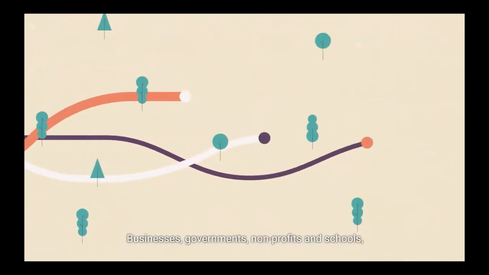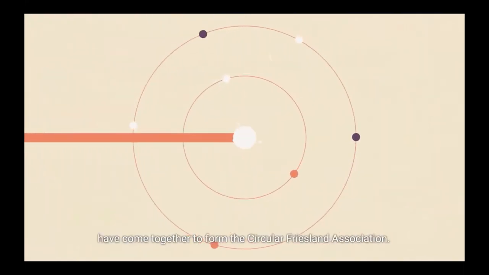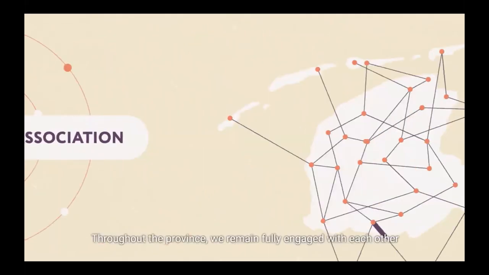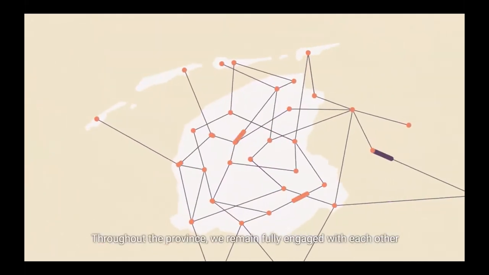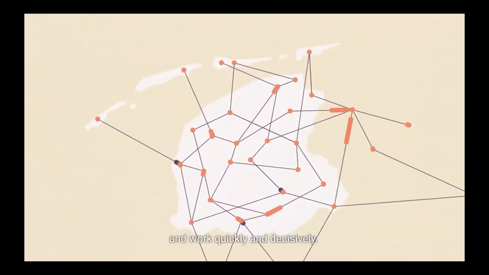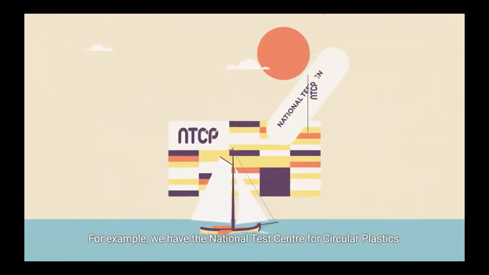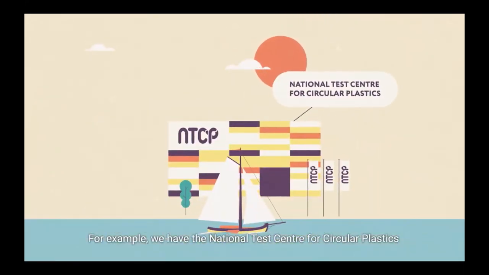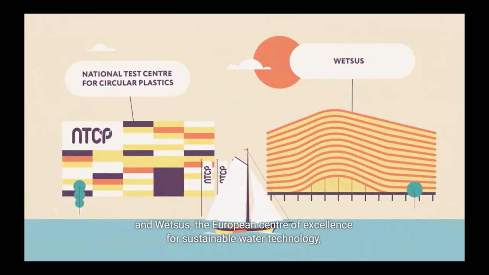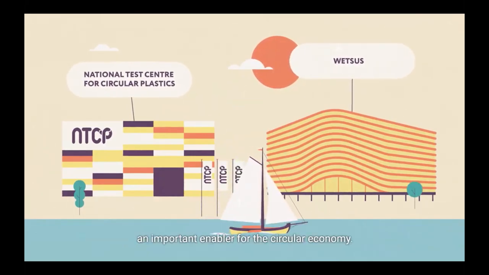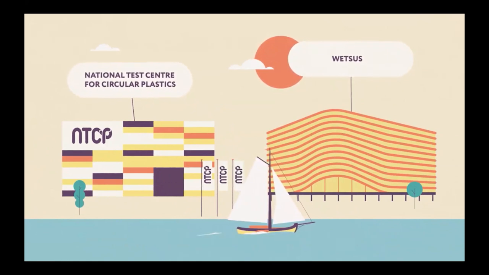Businesses, governments, non-profits and schools have come together to form the Circular Friesland Association. Throughout the province, we remain fully engaged with each other and work quickly and decisively. For example, we have the National Test Centre for Circular Plastics and BETSUS, the European Centre of Excellence for Sustainable Water Technology, an important enabler for the circular economy.